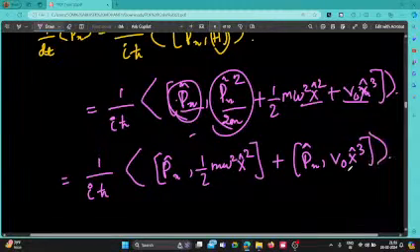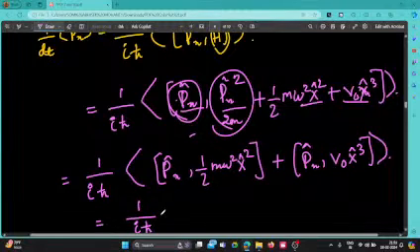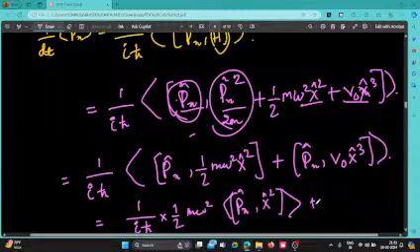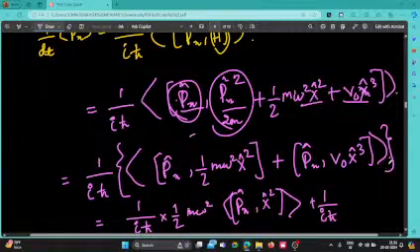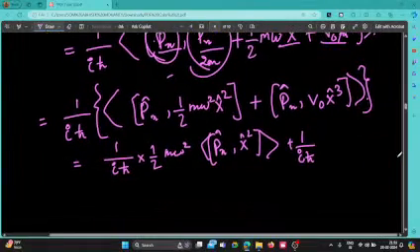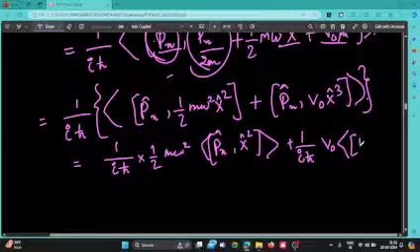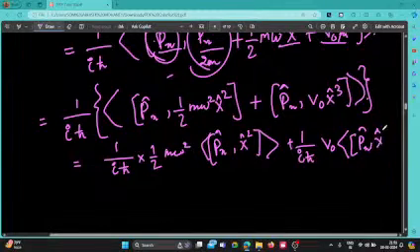I will take the unnecessary things out: half m omega squared times [Px, x squared], this is 1, plus 1 by iħ, v naught, out of the bracket, [Px, x cube]. Now try how to calculate this one.